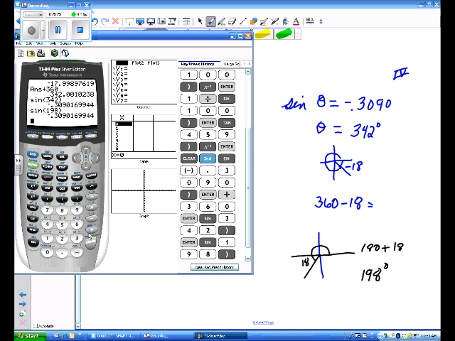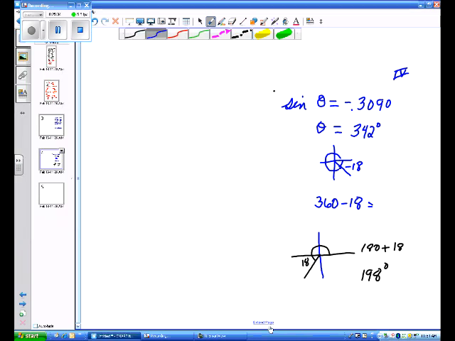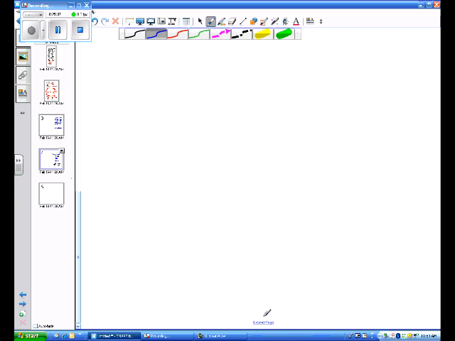Okay, let's look at another one. Say that we want to know the tangent of what angle is equal to 0.5890 in quadrant 1.